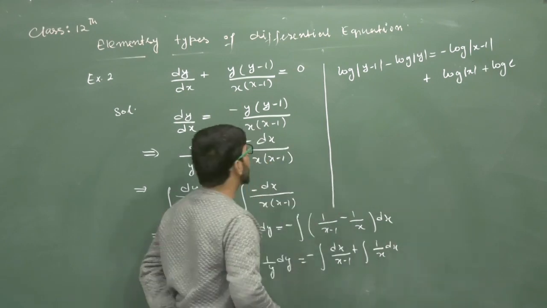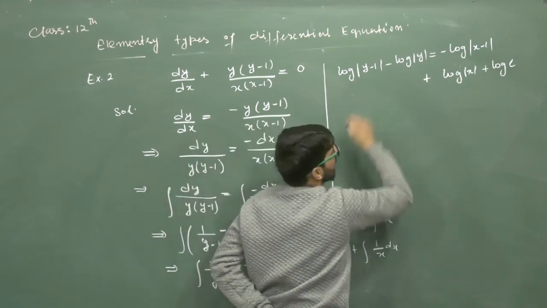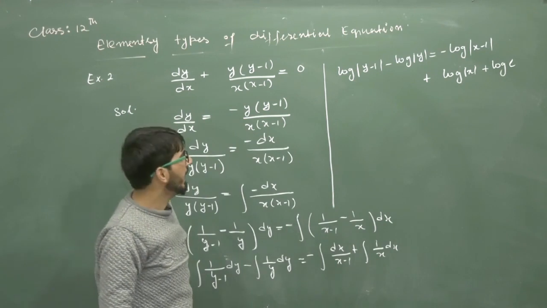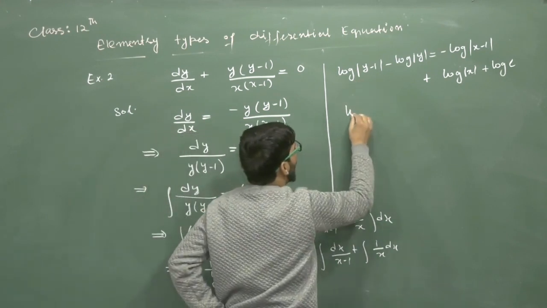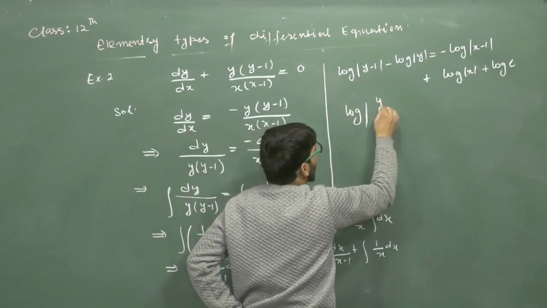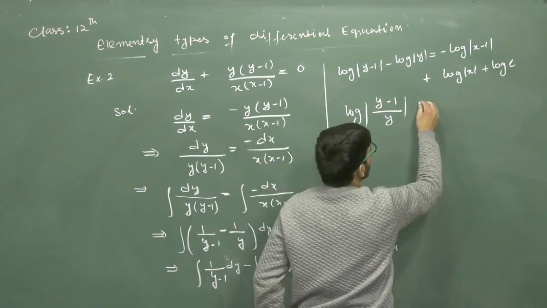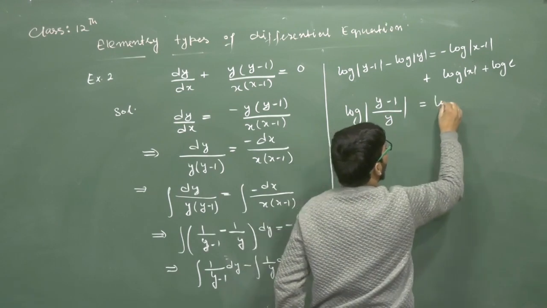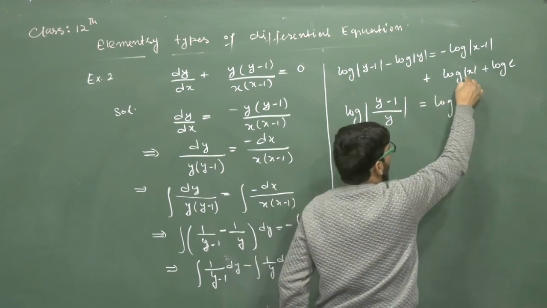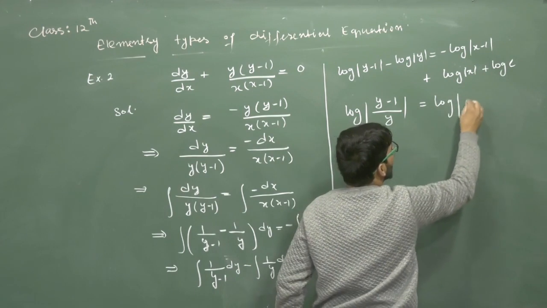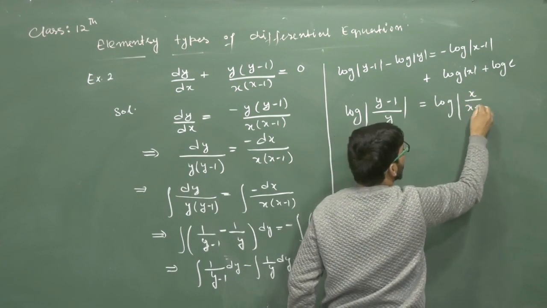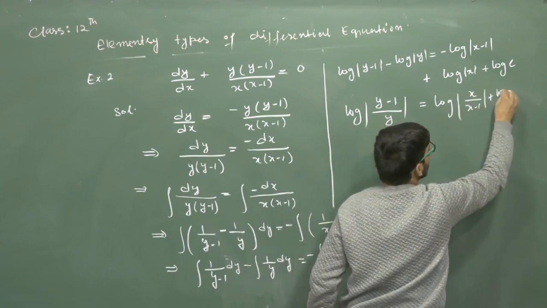So as we know that log m minus log n is log m/n, therefore this is log of (y - 1) divided by y. And log m minus log n will be log of x divided by (x - 1), plus log c.